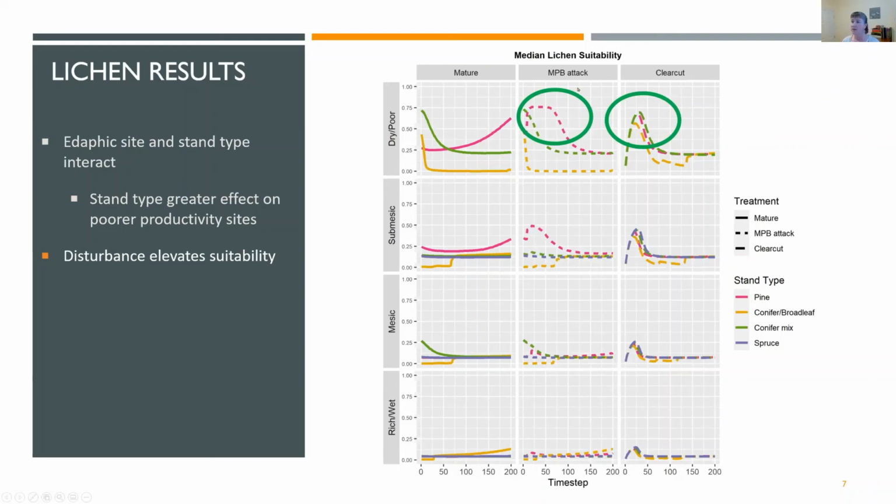So now we're adding disturbance to this figure. The central panel represents mountain pine beetle attack stands, and on the right are the clear cut stands. And you can see that as we disturb the stand, both types of disturbance increase suitability for lichen.